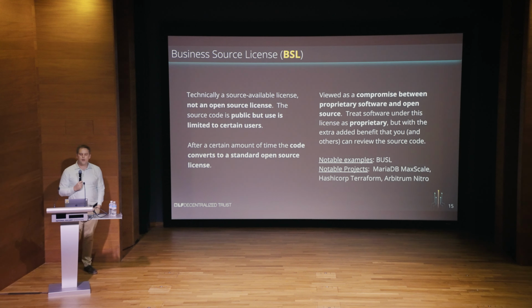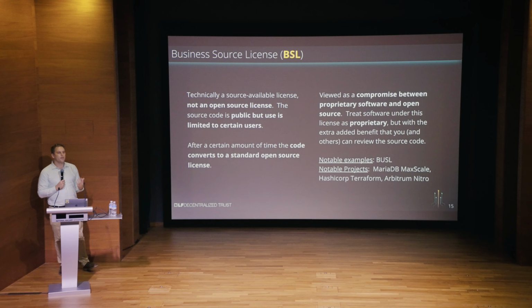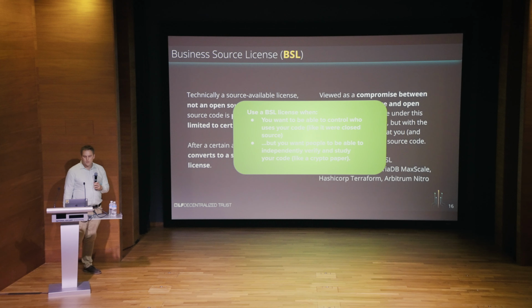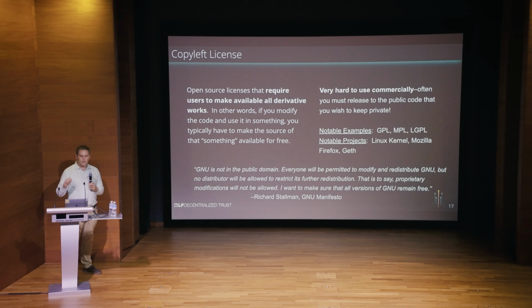And this is sort of a nice compromise between proprietary software and open source. You get the verifiability of open source software, but you restrict others from using it. So, again, use a BSL license when you want to still control your code, but you want people to be able to independently verify and study your code. Right.